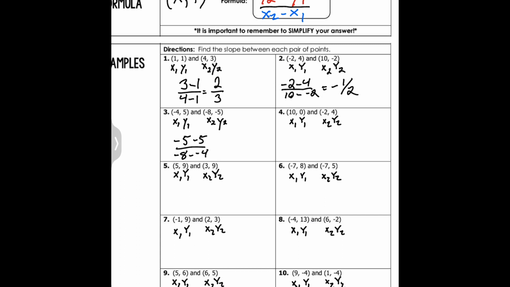This one I have positive 4 minus 0 over negative 2 minus 10. 9 minus 9 over 3 minus 5. 5 minus 8 over negative 7 minus negative 7.